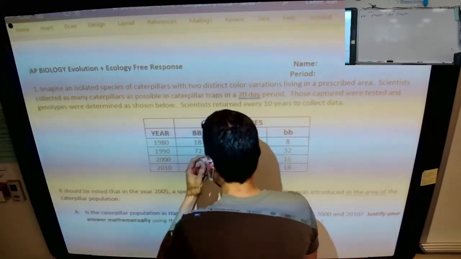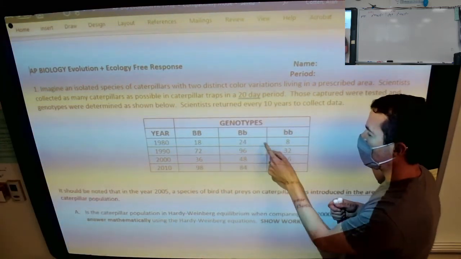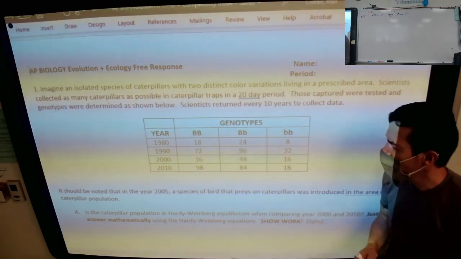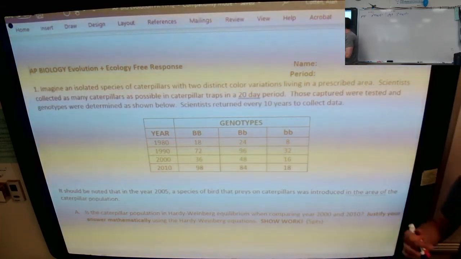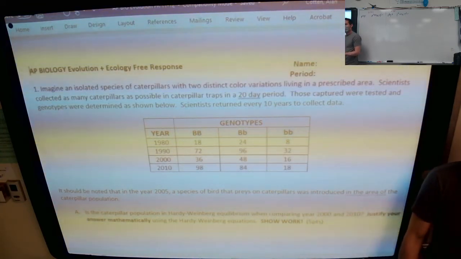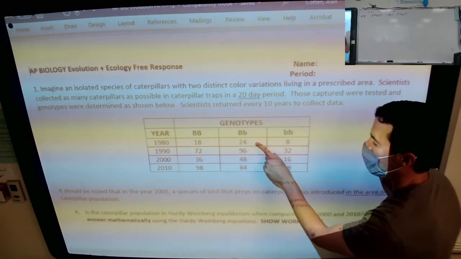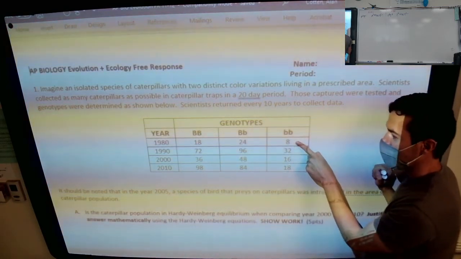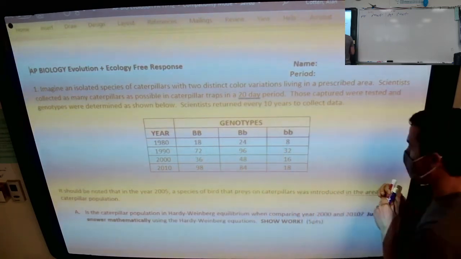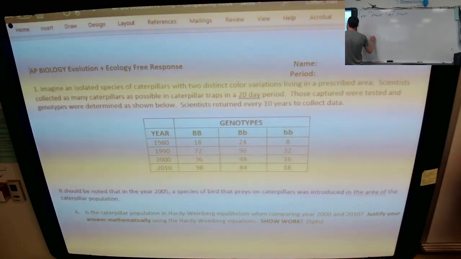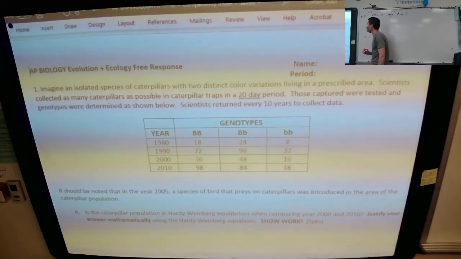With 18, 24, and 8: 18 out of 50 is 36%, 24 out of 50 is 48%, and 8 out of 50 is 16%. So my percentages in 1980 were 36, 48, and 16.